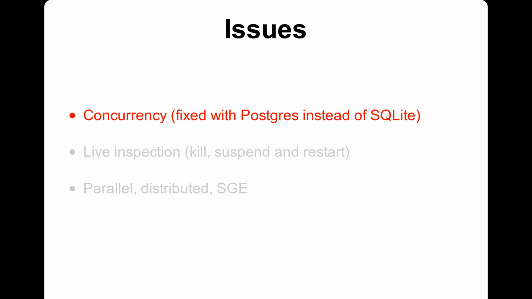So there are a number of issues with Sumatra that I've come across. The most important of which is basically concurrency. With the current version of Sumatra, if you launch 100 simulations at once, and they're short-lived simulations, maybe just 10 seconds, a bunch of those won't get committed to the repository because of this issue with SQLite, where it can't handle lots of queries at once.